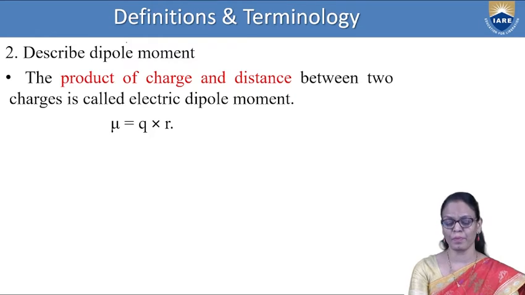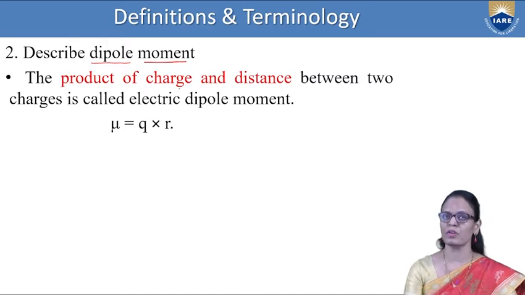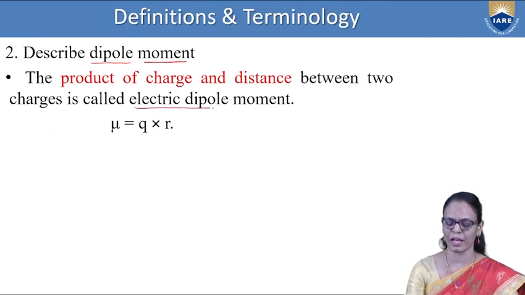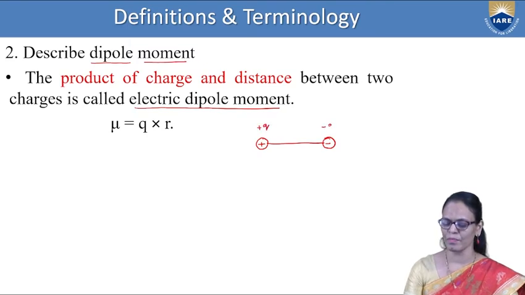Now, what is dipole moment? How do we define dipole moment? It is the product of the charge and the distance between the two charges. That is called the electric dipole moment. We have seen equal and opposite charges, plus q and minus q, separated by a distance r, forming a dipole.